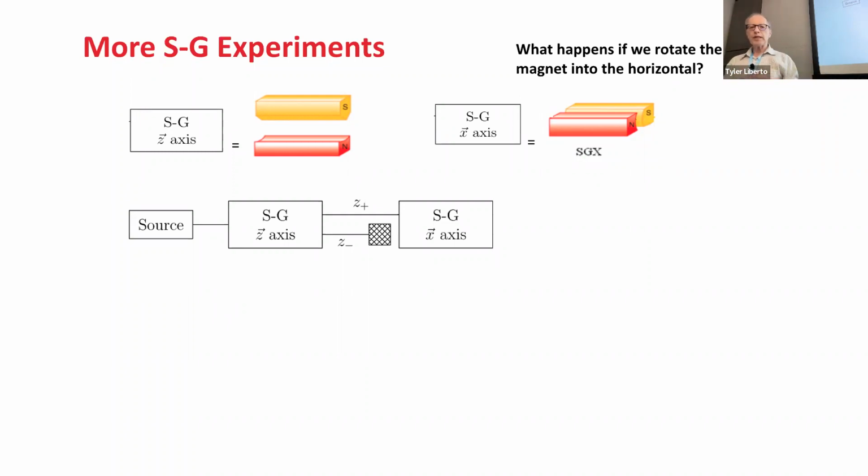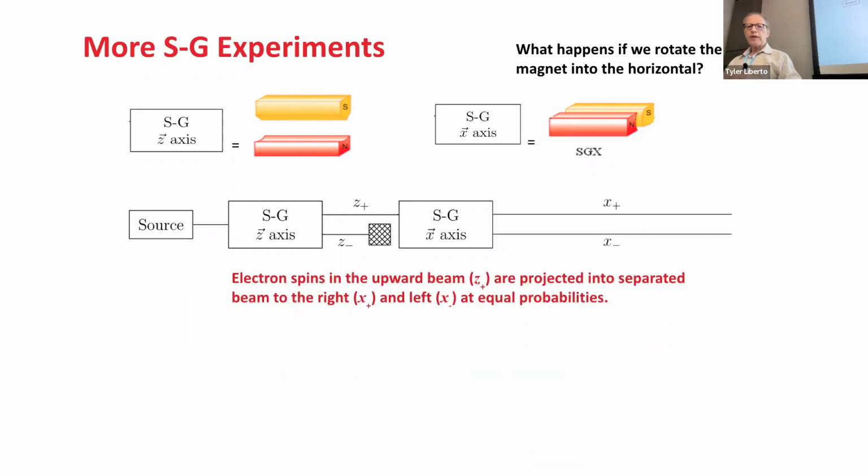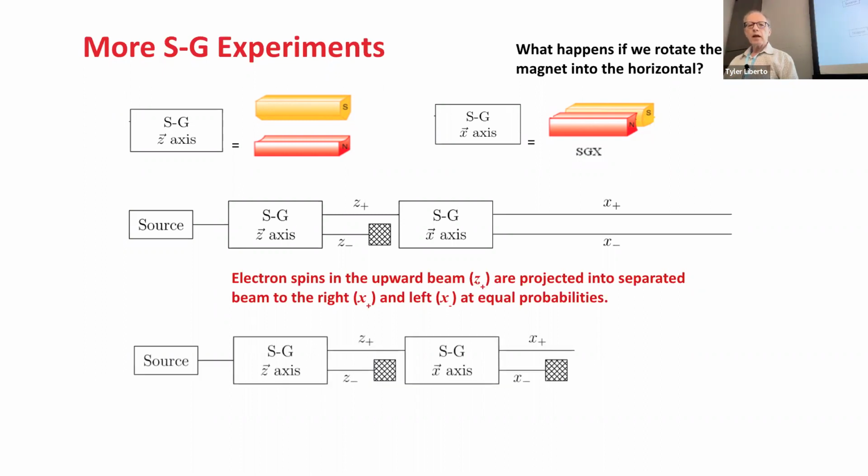The downward beam is dumped. And then I put a horizontally oriented magnet afterwards. I got two beams out in the positive X and negative X, or let's say to the right and to the left. And then in the next step, I've taken another magnet.